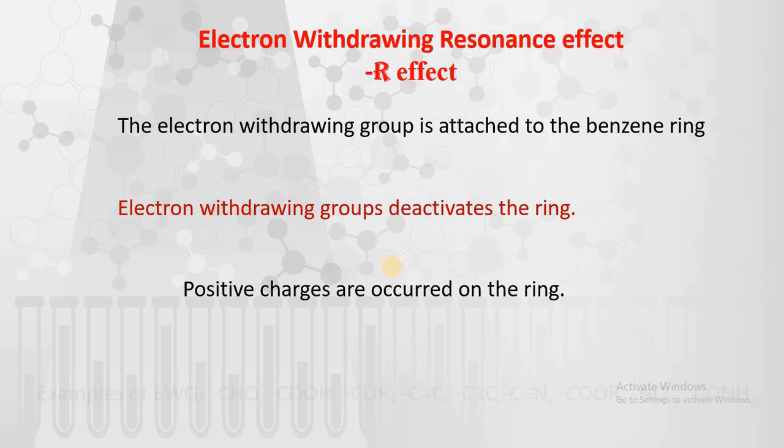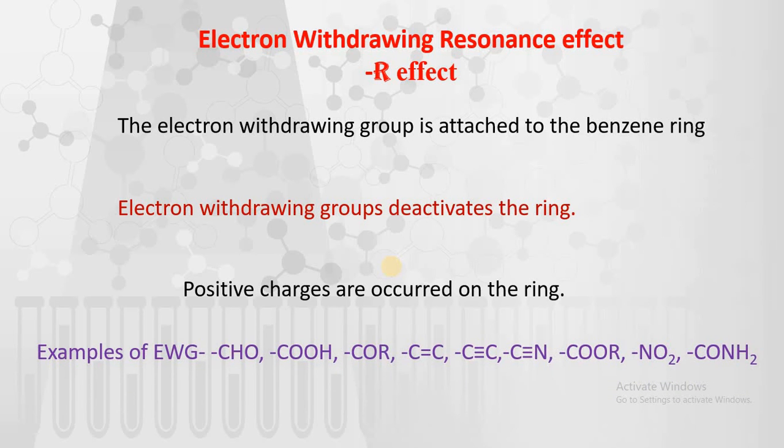So what are the examples of electron withdrawing groups? These are nothing but the double bonded elements or groups of elements which are having double bonds, or alternately double or triple bonds. If you see all the structures here, this is the aldehyde, carboxylic acid, this is ketone, this is alkene group, this is alkyne, this is cyanide, this is ester group, nitro group, amide group.